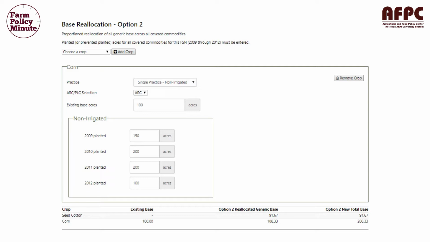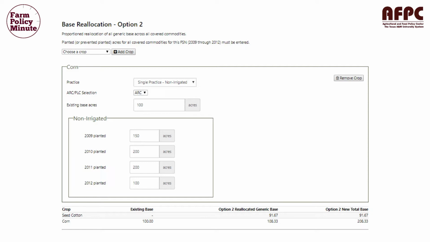So you need to know which choice you made on all these crops, and it doesn't factor. You will not decrease the corn base, but for purposes of just looking at your total base on the farm, you could put in the 100 acres of base for corn currently, prior to any kind of reallocation, and then you put the planted acres for each of those 4 years.